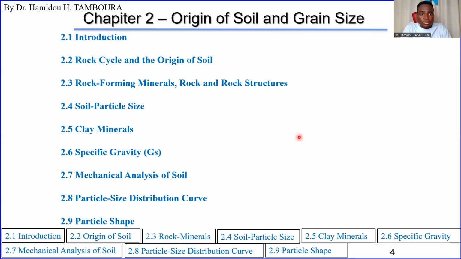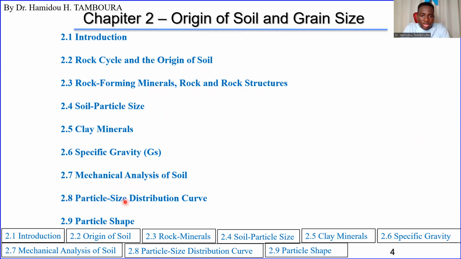So in this chapter, these are the points we will talk about: introduction, rock cycle and the origin of soil, rock forming mineral, rock and rock structure, soil particle size, clay mineral, specific gravity, mechanical analysis of soil. This one is very important.